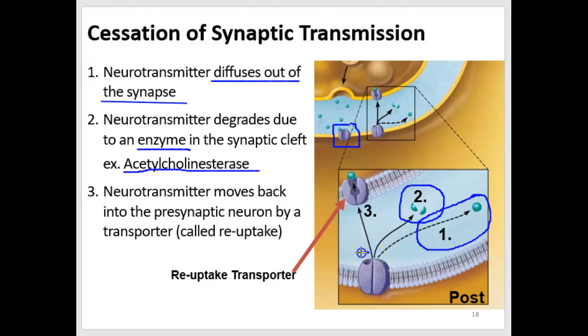So the neurotransmitter comes off of the receptor, and often there are transport proteins that help the presynaptic neuron take the neurotransmitter back up into its cytoplasm. We call these reuptake transporters. Sometimes they're in the cleft and sometimes they're in the membrane. So the neurotransmitter can be recycled. It can be used again by the presynaptic neuron.